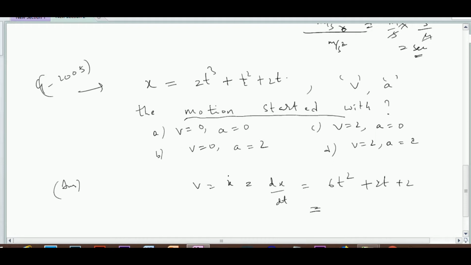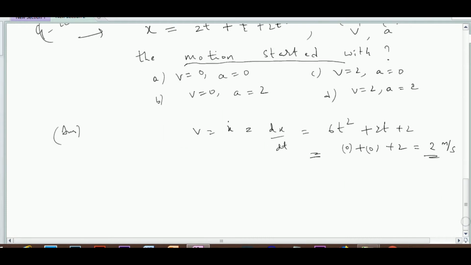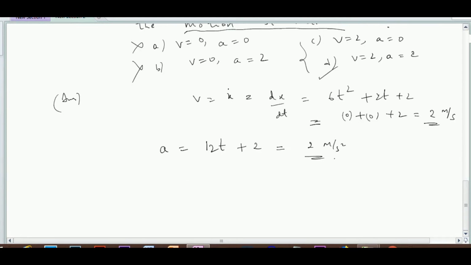So let us find velocity as dx by dt, which is 6t square plus 2t plus 2, equal to 2 meter per second. That is what we got as the velocity with which the object begins its travel. So for the first term, we have got velocity as 2, so a and b are cancelled. Why do we put t is equal to 0? Because the motion is starting, when the motion starts, from time 0 only, right?